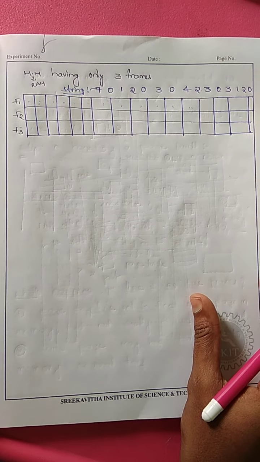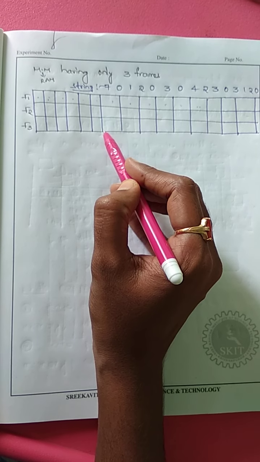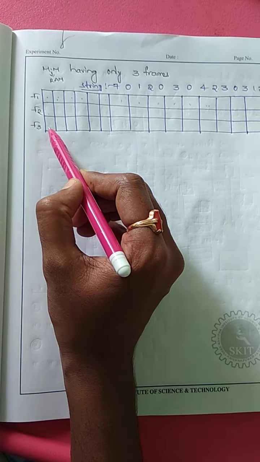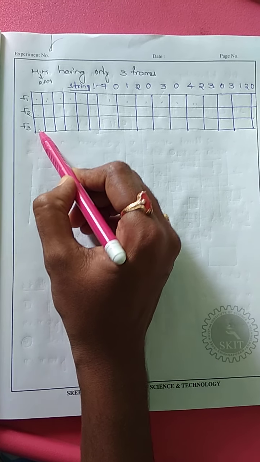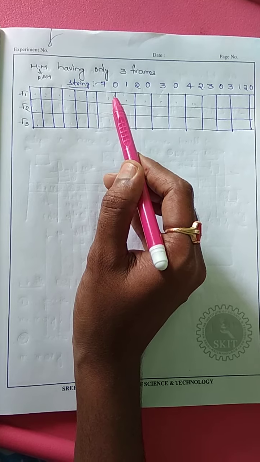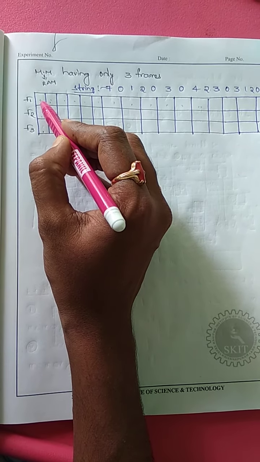Let the main memory have 3 frames, F1, F2 and F3. In memory it is saved as frames, in virtual memory it is saved as pages.